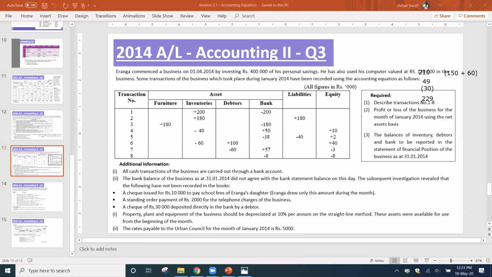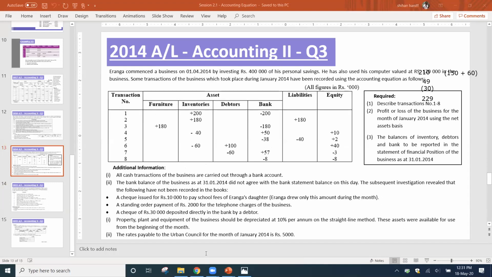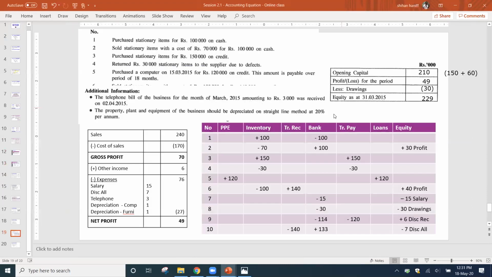This is the 60,000 purchase of furniture. That's that. The furniture is furniture. It is not the purchase. It is the owner's investment.